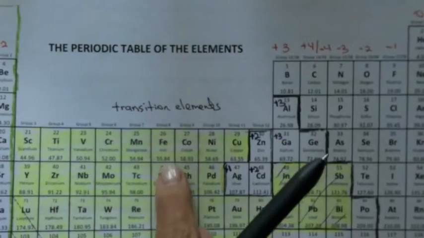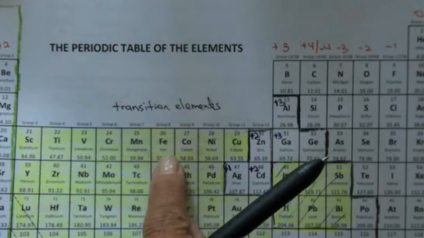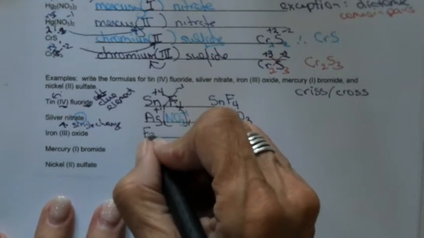Next compound, I see iron. Iron III oxide. So iron, element 26, is located in the transition metals. Therefore, it must give me a Roman numeral to tell me the charge of this iron. So I have Fe with a +3.